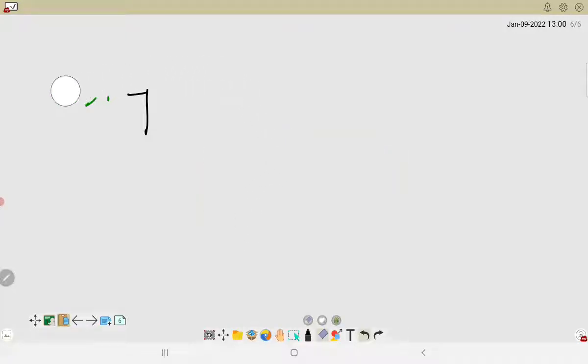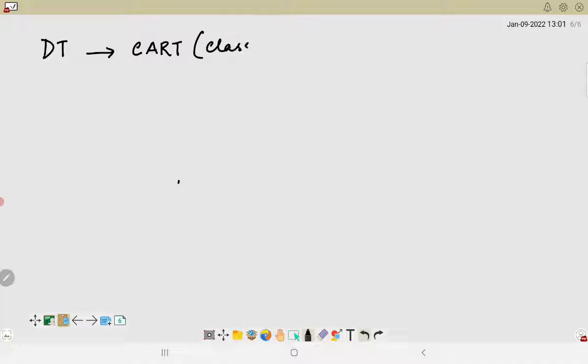Just for our knowledge, we will simply write down that a decision tree can be constructed using the CART algorithm, and CART stands for classification and regression tree. This tree will always be a part of anything related to decision tree, because a decision tree itself is a tree-like structure.